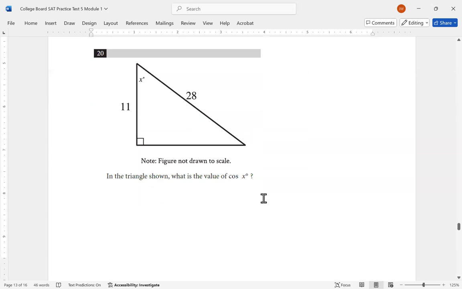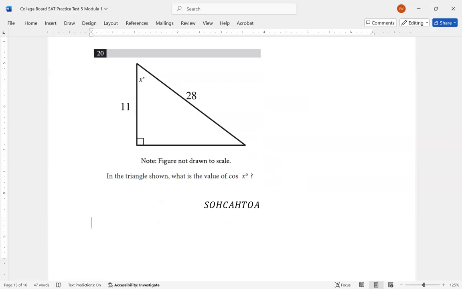Question 20 says, in the triangle shown, what is the value of cosine of x degrees? Now, here's the deal. In order to do this problem, we should remember the mnemonic SOHCAHTOA.